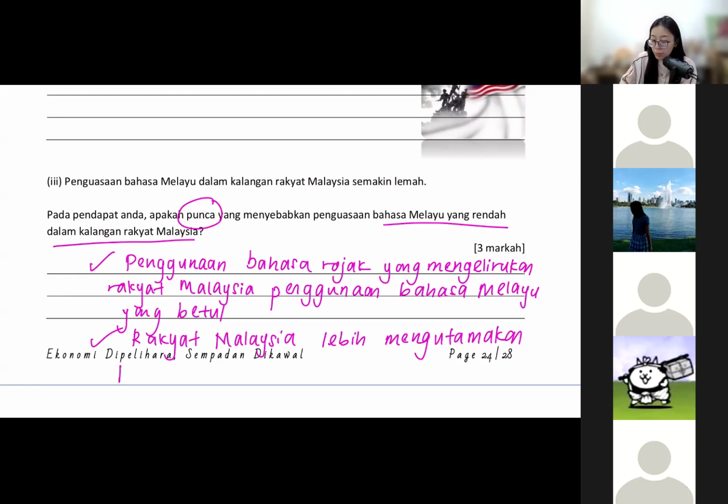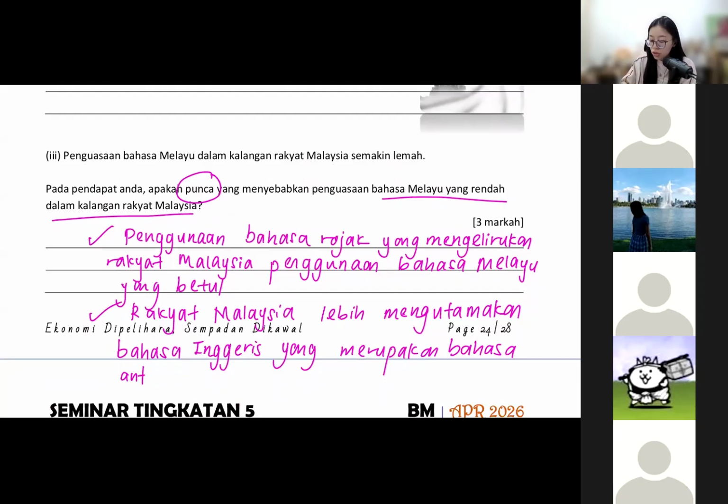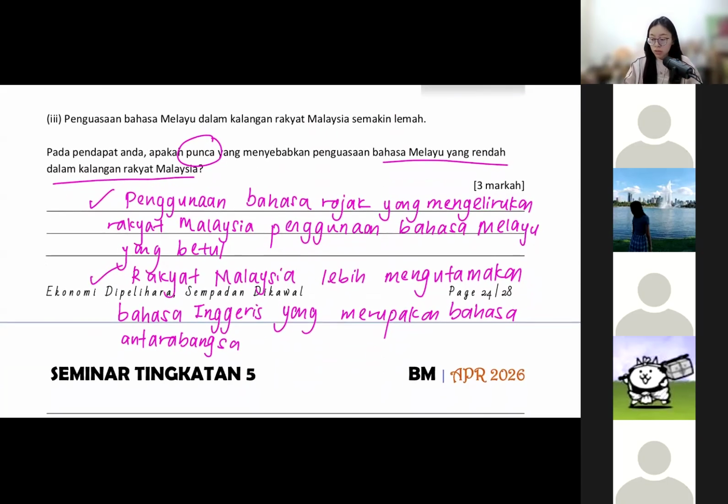So, lebih mengutamakan bahasa English yang merupakan, that is, bahasa antarabangsa. Antarabangsa doesn't need capital letters. Just use a normal one. And you can add on, dan beranggap, that thing that bahasa Melayu tidak penting. It's not important.